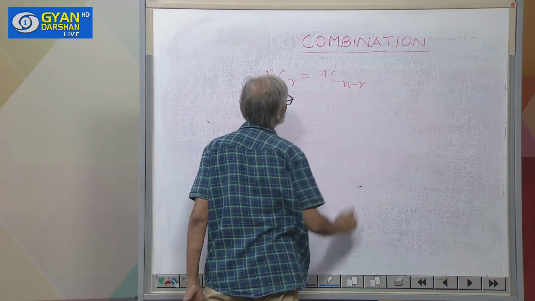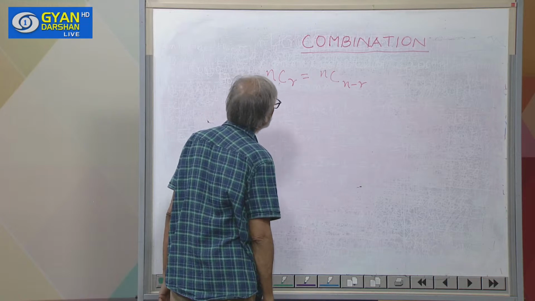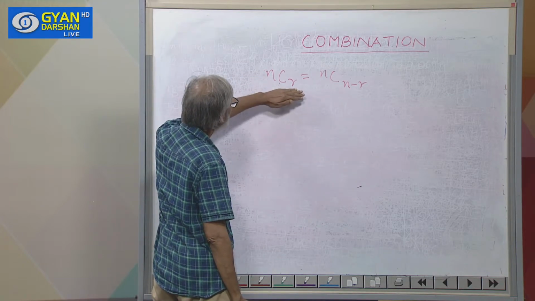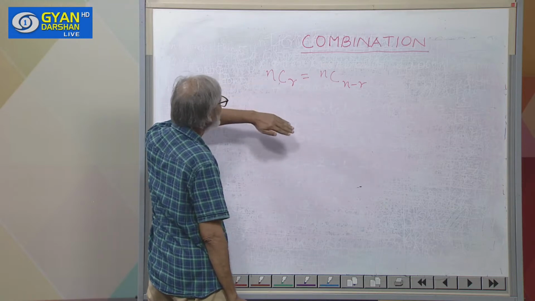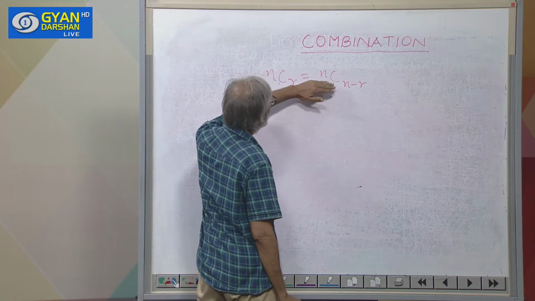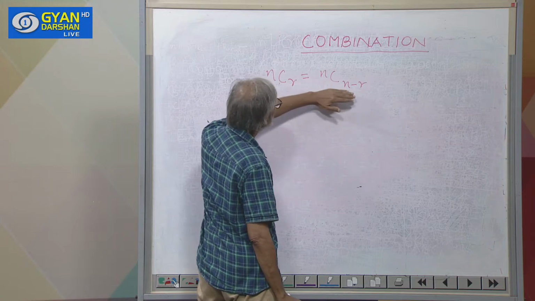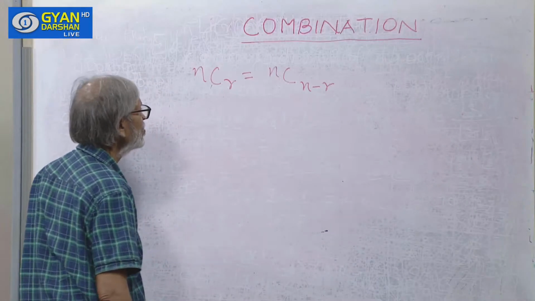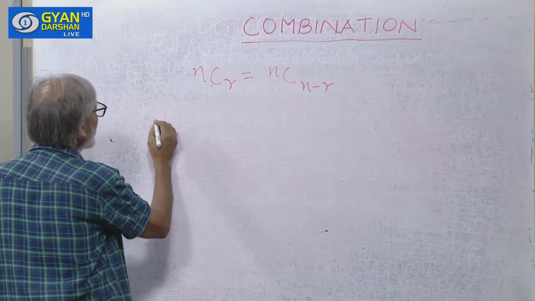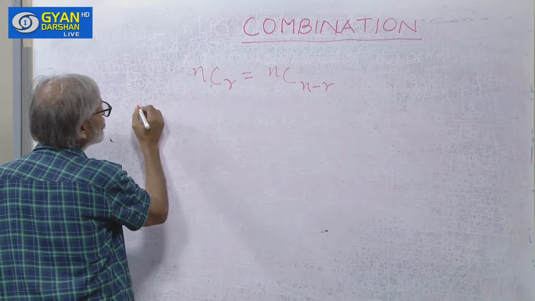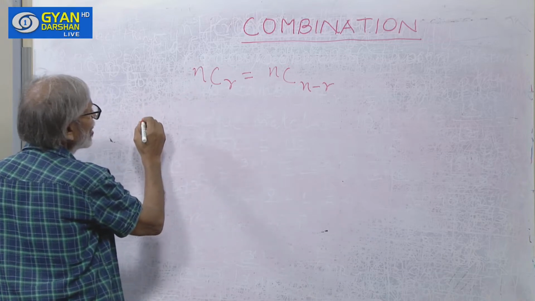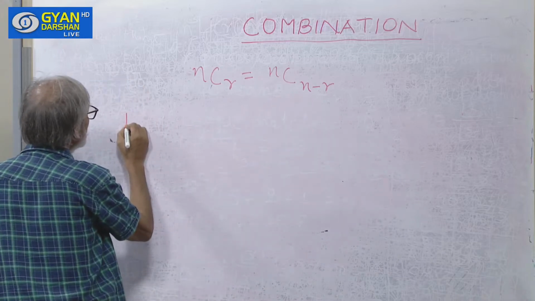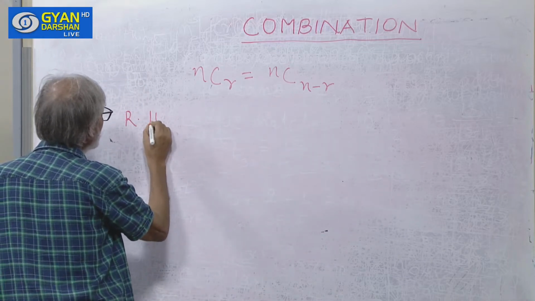So, either you combine r distinct things out of n distinct things, or you combine n minus r distinct things out of n distinct things, the number of ways will be the same. Let us see. So, let us start from RHS, right hand side.